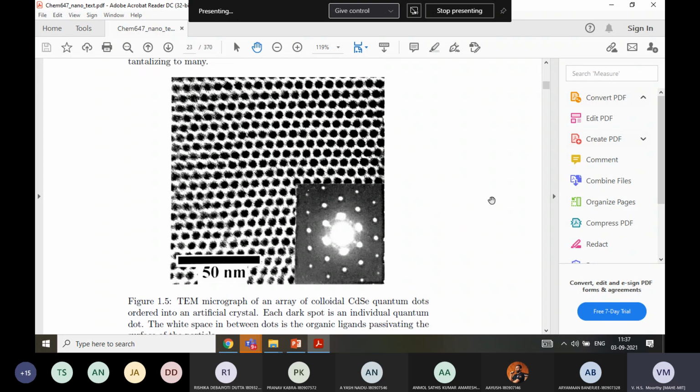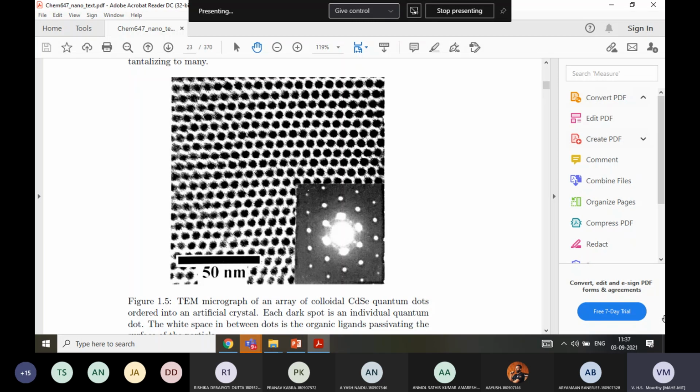Now last time we discussed one important thing: X-ray diffraction. Once you take a periodic crystal, whether a three-dimensional or two-dimensional periodic crystal, and do a diffraction experiment. At that time we discussed X-ray diffraction, but not necessarily X-ray, electron diffraction is there. As you know, electron is a wave, and diffraction is a property of the wave.